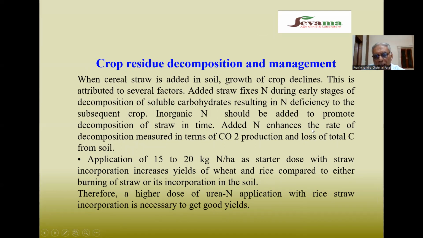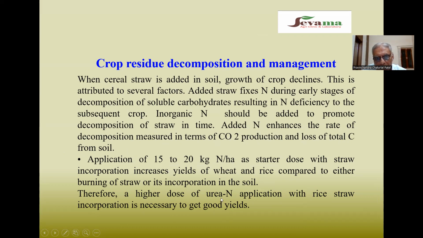Added nitrogen enhances the rate of decomposition, measured in terms of carbon dioxide production and loss of total carbon from soil. So I told you that application of 15 to 20 kg nitrogen per hectare as a starter dose with straw incorporation increases yield of wheat and rice compared to either burning of straw or its incorporation in the soil.